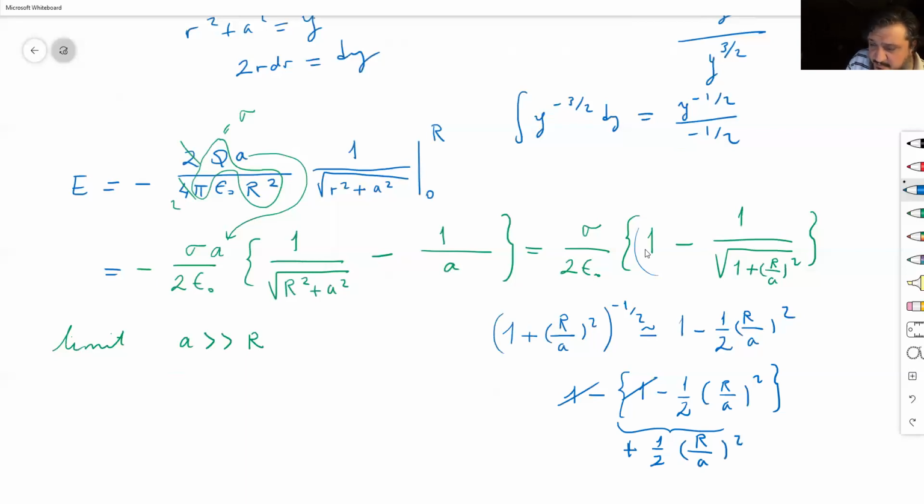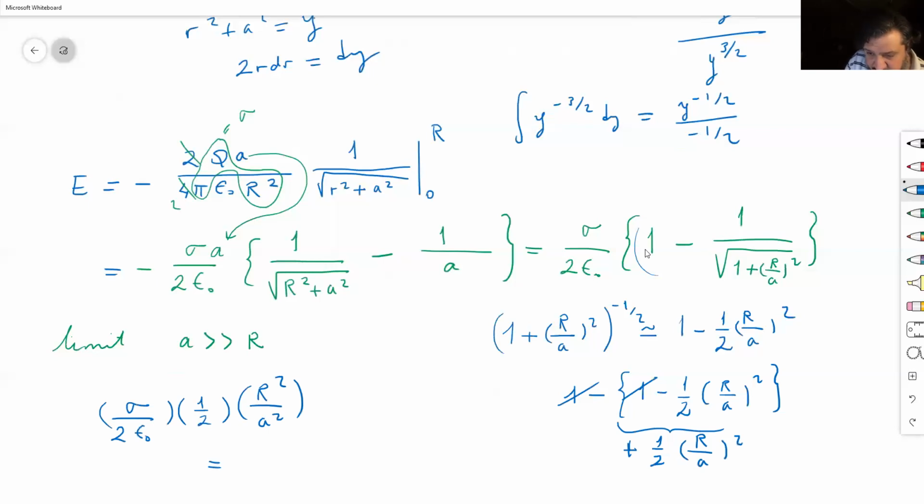So sigma over 2 epsilon 0 times 1/2 times R squared over A squared. Now this looks weird, but it's not. Remember what sigma was? Sigma was Q over pi R squared.